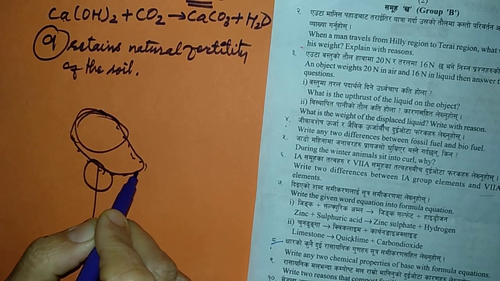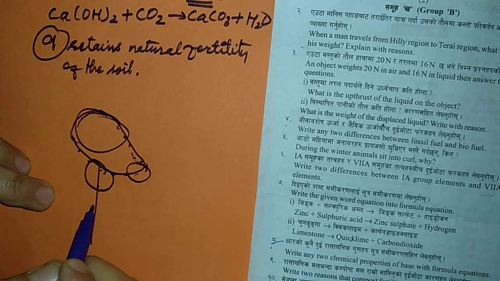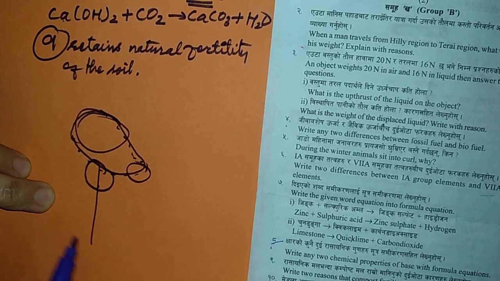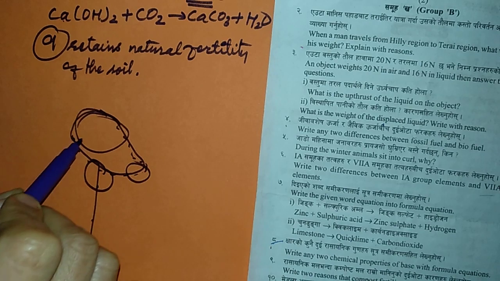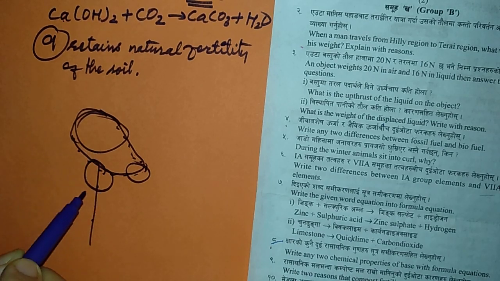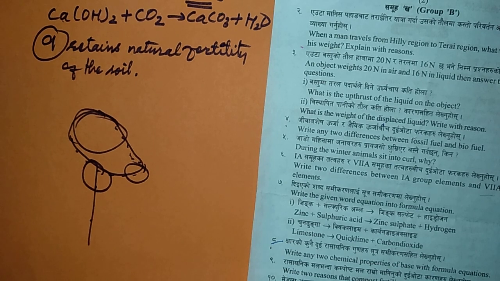This is cerebrum, this is cerebellum, this is medulla oblongata. Medulla oblongata is the bridge between the spinal cord and the rest of the brain. So it helps in carrying impulses from the spinal cord to the brain.